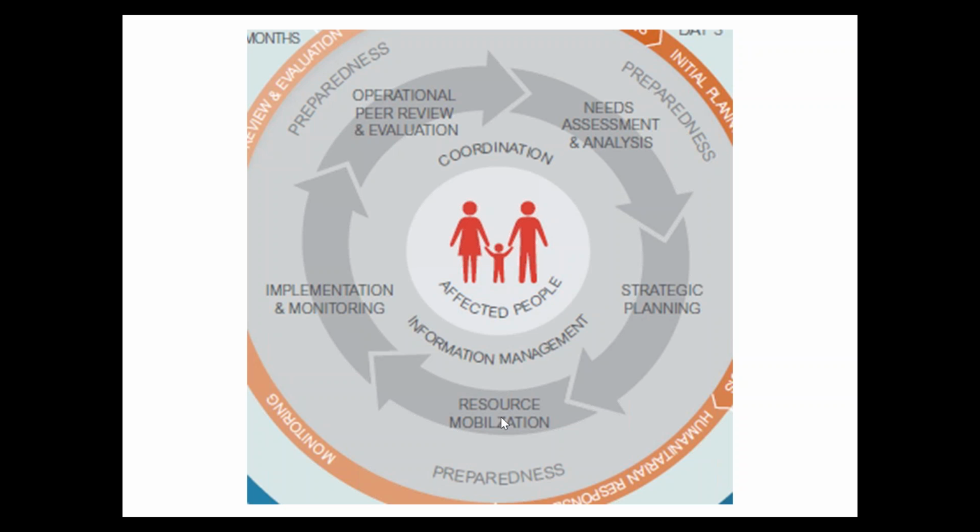We've got resource mobilisation, implementation and monitoring, and then you go around to your operational peer review. The overriding 2 enablers are coordination and information management, and you can see that the affected populations are at the heart of this humanitarian program cycle now.